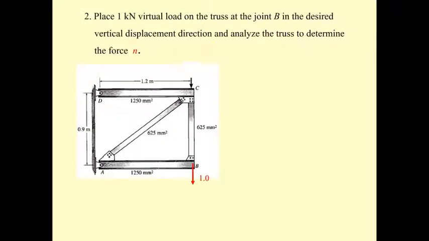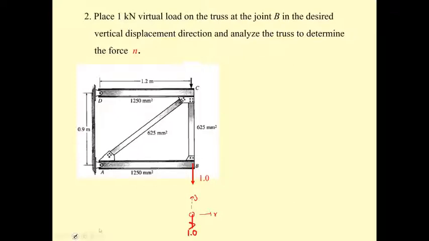Now we put the 1 unit force here and analyze this structure. You see the 1 unit load here, this one for x, this one for y, and this one 1.2.